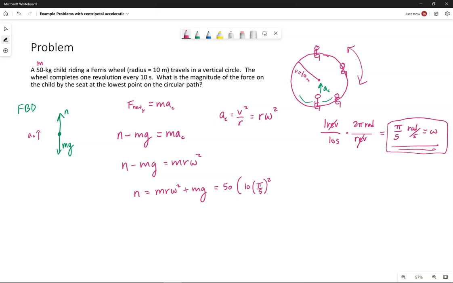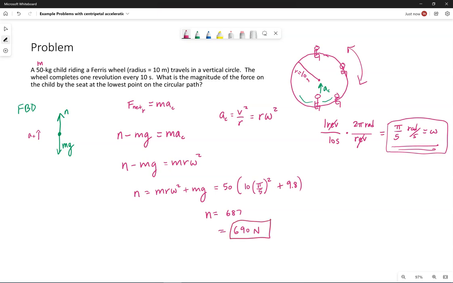So r omega needs to be squared. So 687, at best we have 2 sig figs.